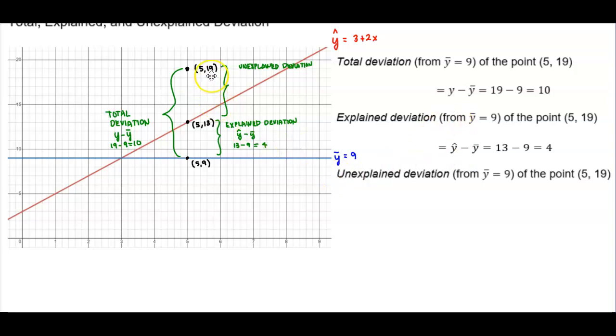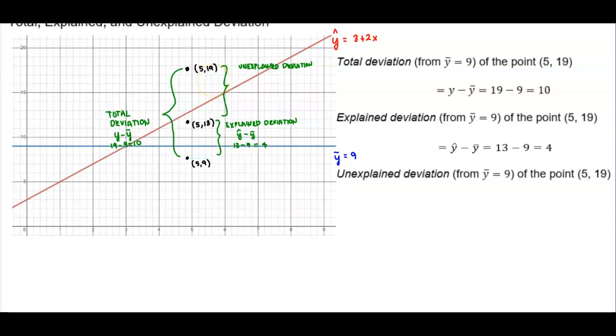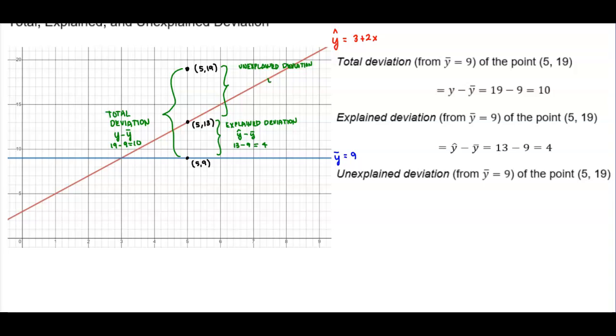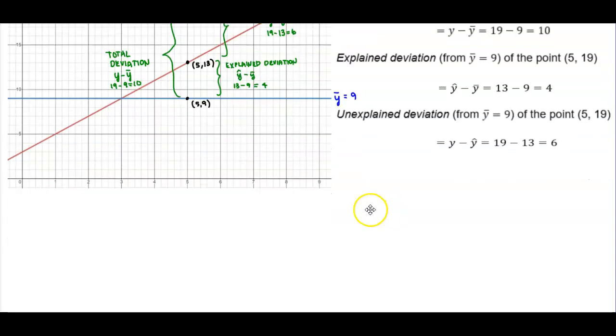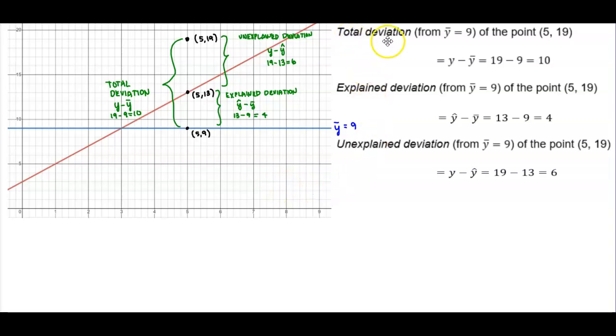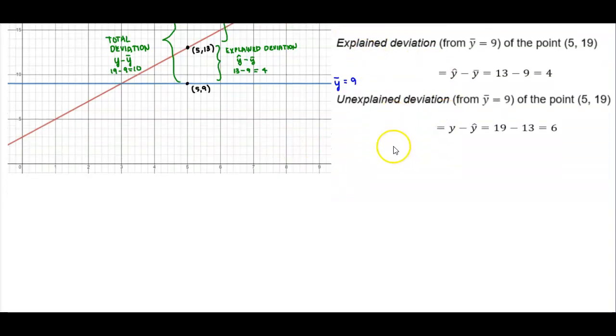We take the value of y, which is 19, and subtract the predicted value of that y, which is 13. So 19 minus 13 gives us 6. That explains the difference between the total deviation, the explained deviation, and the unexplained deviation.